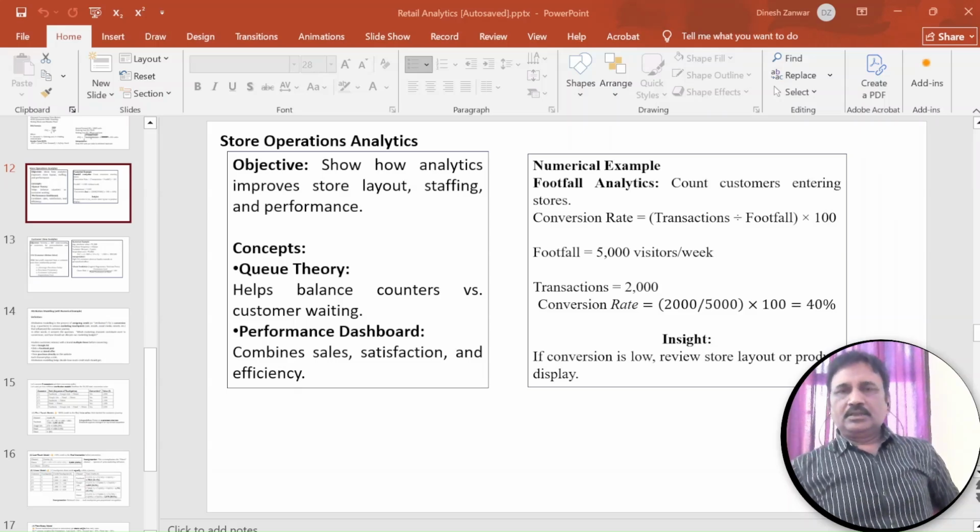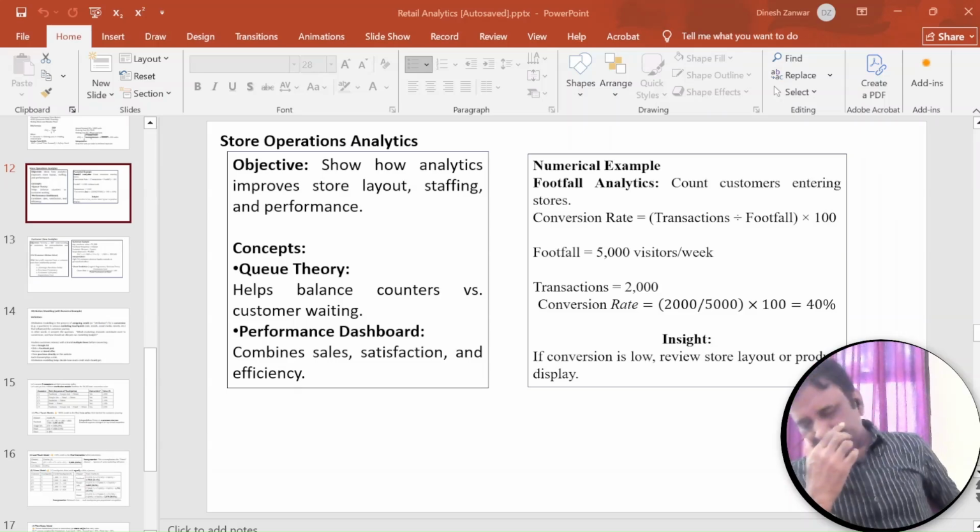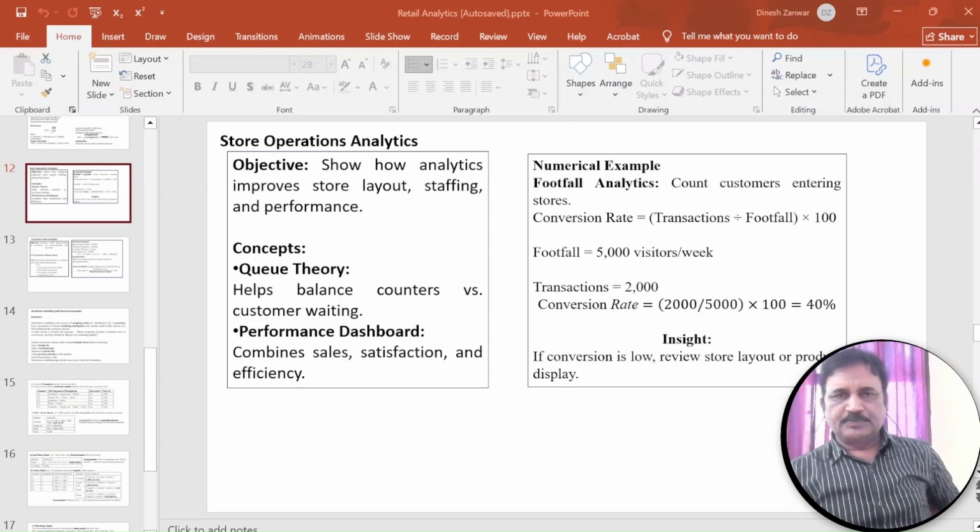Suppose we have spent something like 10 lakh to get customers to the store, and the number of customers which has entered the store so far is something like 10,000. So the acquisition cost will be 10 lakh divided by 10,000, which is 100 rupees per customer.